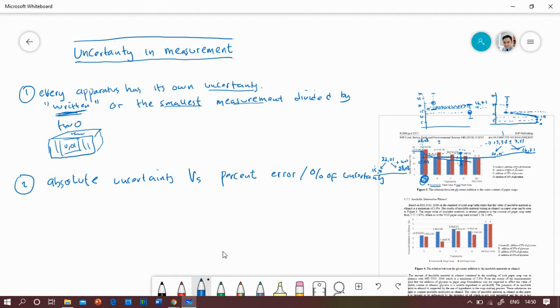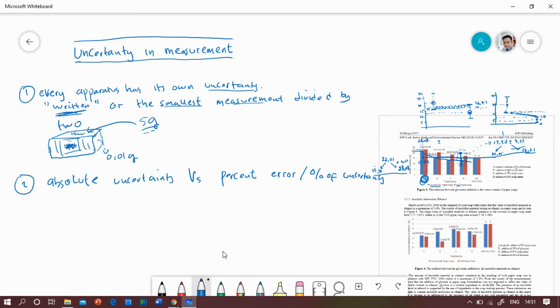For example, if it is written 0.1, it means every measurement will be plus minus 0.1. So for example, I want to weigh 5 gram of something, and there's the scale showing 5 gram. Usually it's written, or we calculate by ourselves, the uncertainty. For example, the uncertainty is 0.01 gram.